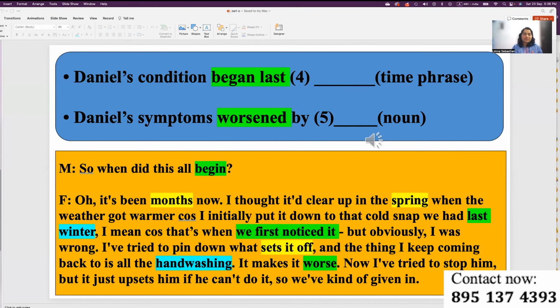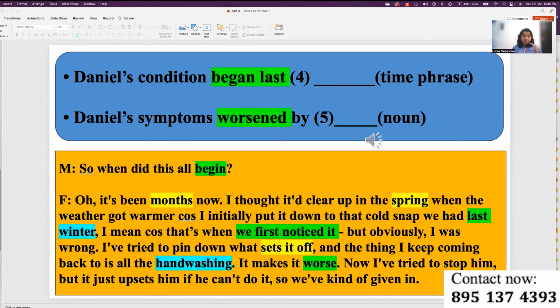There is a contrast word, but it's not related to this one. Here she's saying that she thought it would clear up in spring, but it did not. So that's the reason she is telling I was wrong. I have tried to pin down what sets it off, and the thing I keep coming back to is all the hand washing.